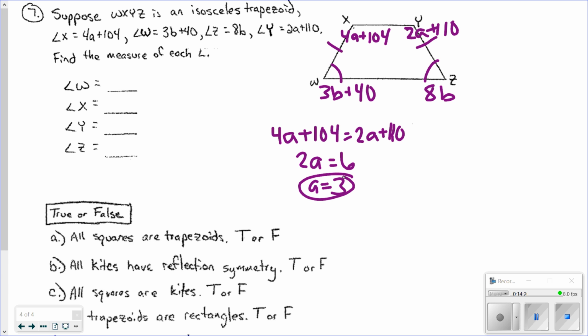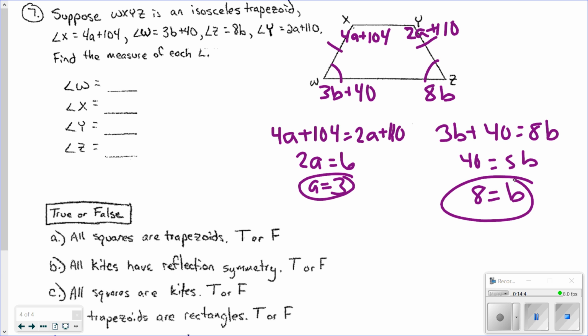Now let's solve for B. I'm going to set W and Z, those equations, equal to each other. So 3B plus 40 is equal to 8B. Subtract 3B from each side. 40 is equal to 5B, which means that B is equal to 8. Now I want to plug A back into my equations for X and Y, and I should get the same number.